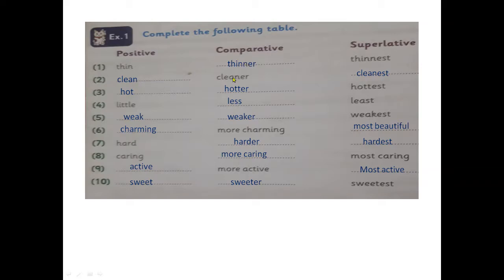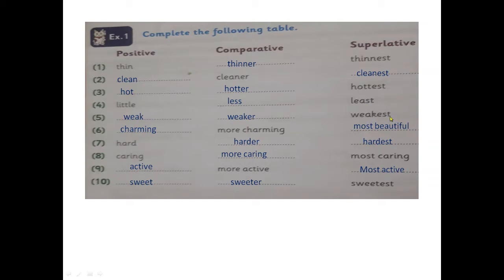Clean and cleanest. The comparative form is cleaner. Hottest is given. So the positive form is hot and comparative is hotter. For the word little, the comparative form is less and the superlative form is least.